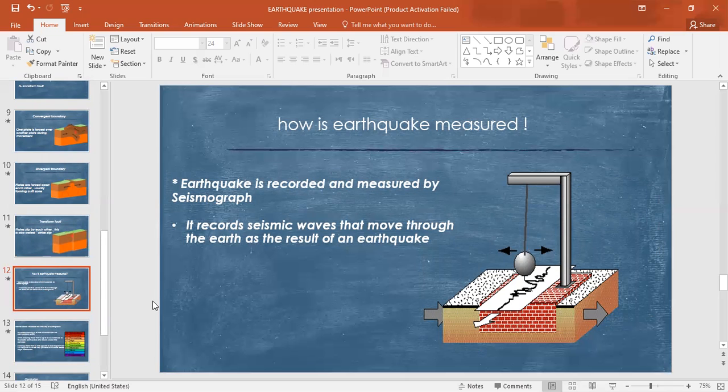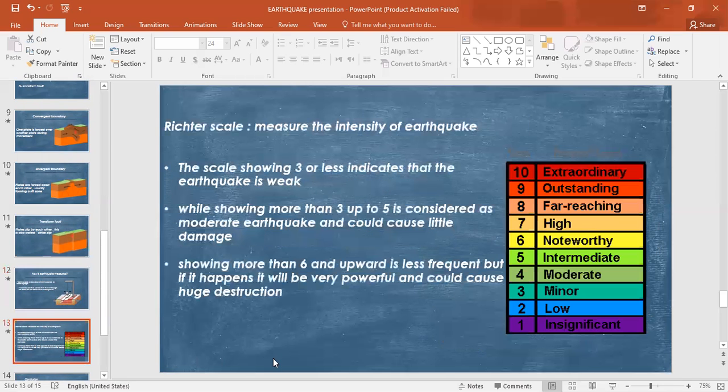As we know, there's a famous scale, the Richter scale, which measures the intensity of earthquake. This scale starts from 1 up to 10, and 10 is the highest number in the scale. It is divided, as we can see here, from insignificant to low, minor, moderate, intermediate, through up to extraordinary and outstanding earthquake.